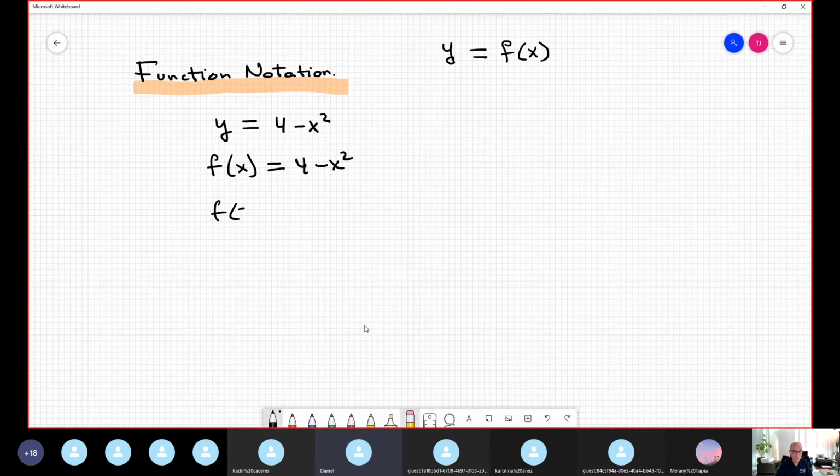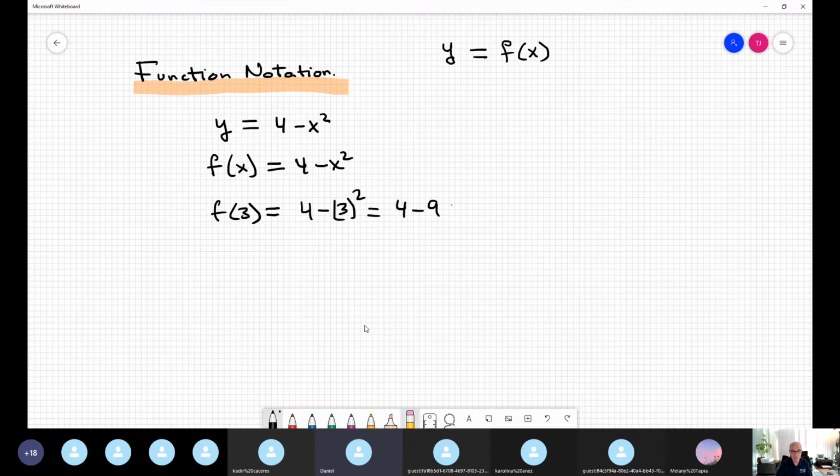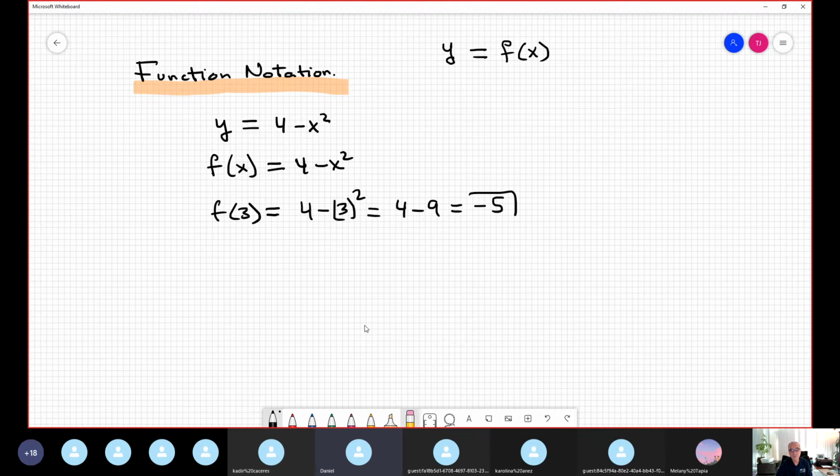Suppose we evaluate at 3. What should I do? Well, you replace x with 3. So 4 minus 3 squared. 4 minus 9 is negative 5. Okay, fantastic. You plug it in. It's important to say something: these parentheses do not indicate multiplication. No, no, no. This represents the argument of the function.